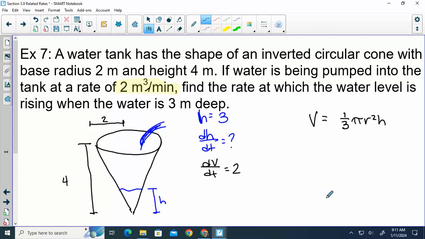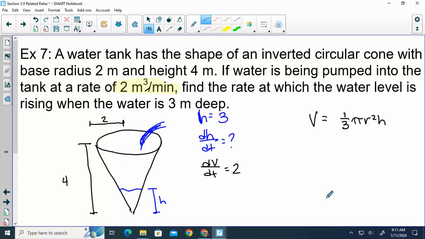Okay, so here's the problem. If I do my derivative right now, I will end up with a dV/dt, a dr/dt, and a dH/dt, right? I need to find dH/dt, and I have dV/dt, but have I given you anything about the radius?